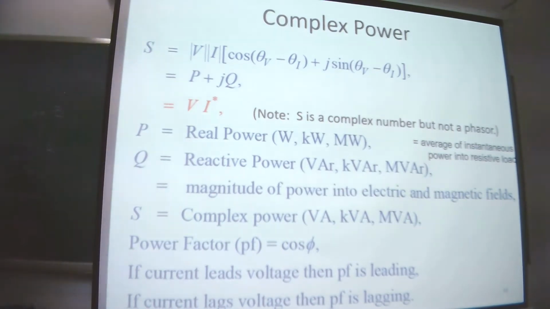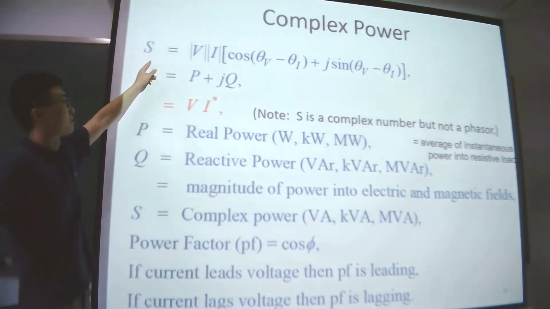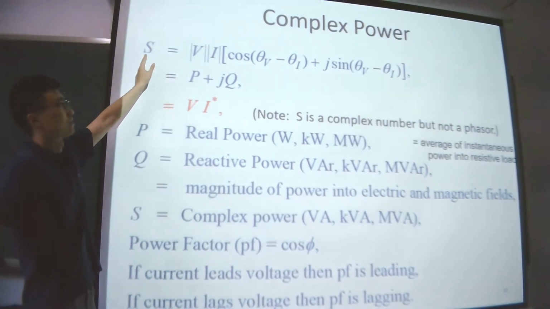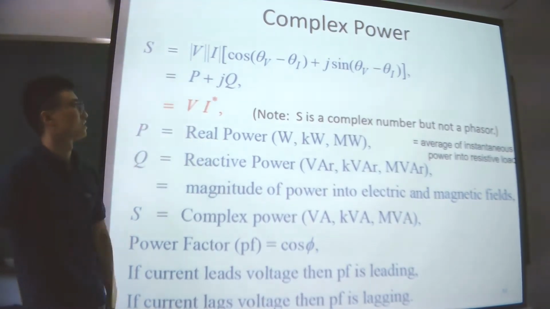We are learning about complex power. Reactive power, real power. S is the complex power. The complex power can be divided into two parts, the real part and the imaginary part, right?